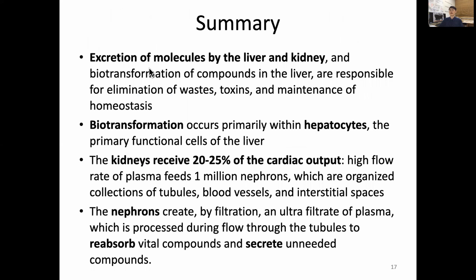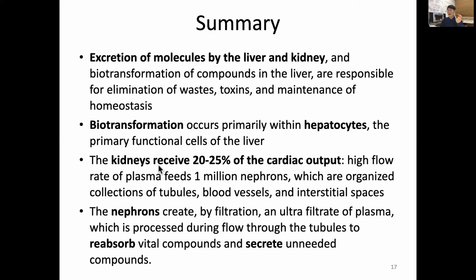So let's summarize. Excretion of molecules by the liver and kidney and biotransformation of compounds in the liver are responsible for eliminating waste and toxins and maintaining our homeostasis. Biotransformation occurs within the liver, especially in hepatocytes, the primary functional cells of the liver. Our kidney receives almost 20% to 25% of cardiac output.